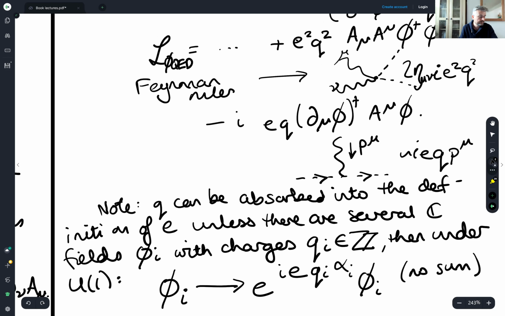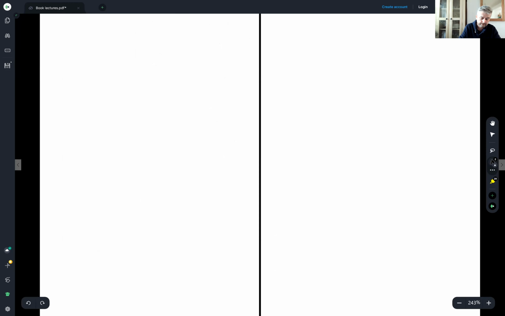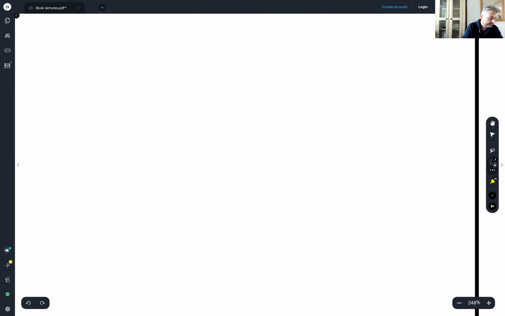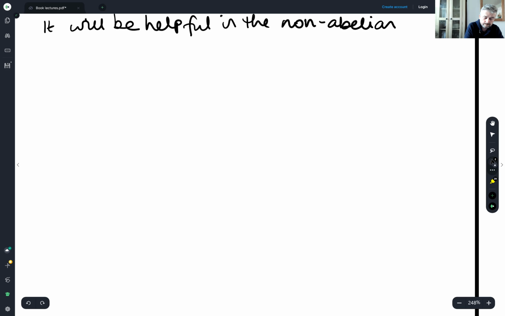Now, we're going to start non-abelian gauge theory in a second, and it's going to be useful for us just to notice something. There's a relationship between the covariant derivative and the field strength.